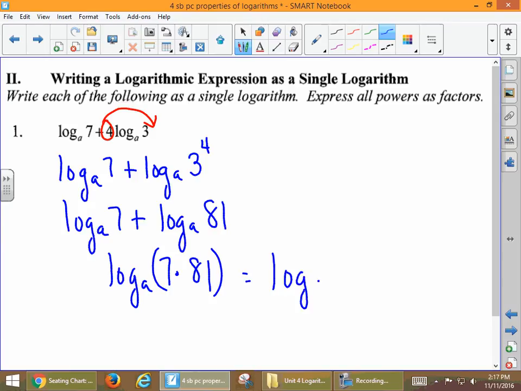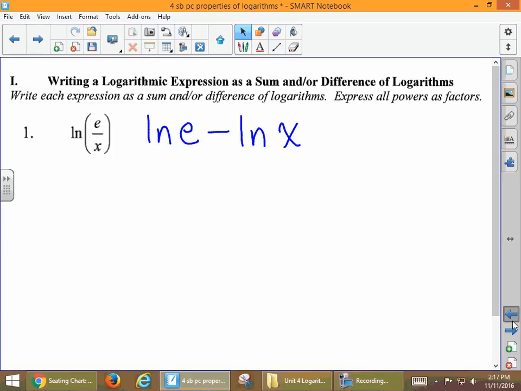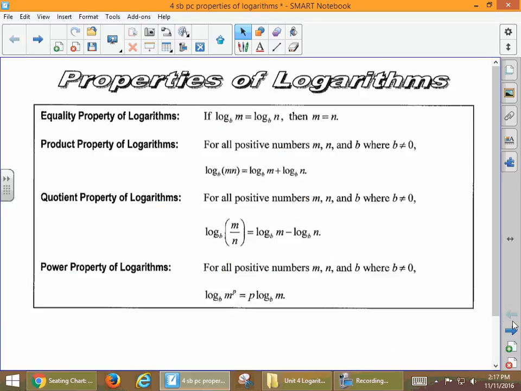It's log base A of 567, and I don't really need the parentheses there. When they're added, it goes back to multiplication.